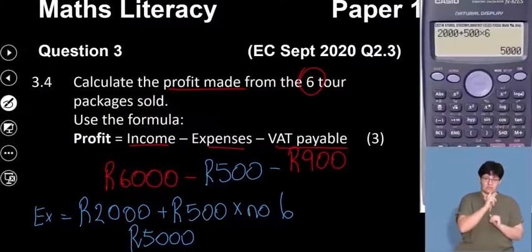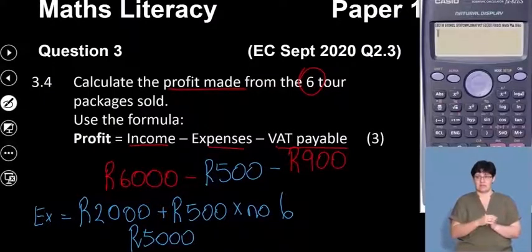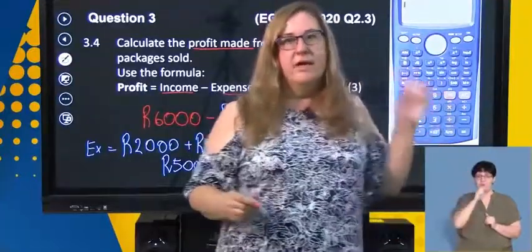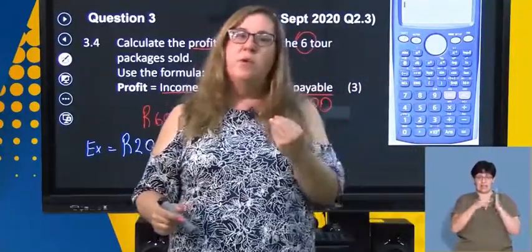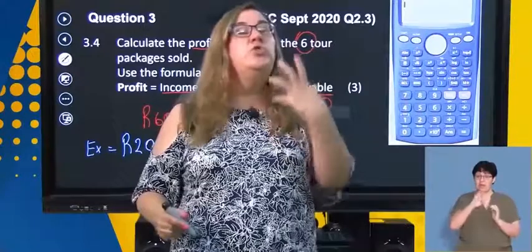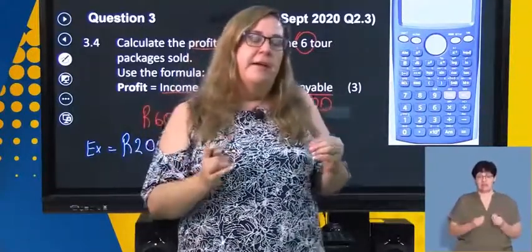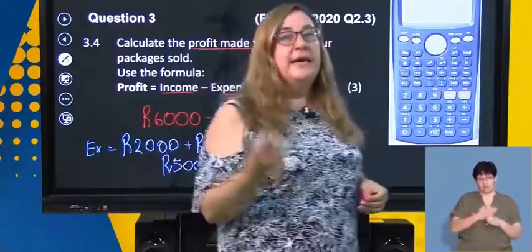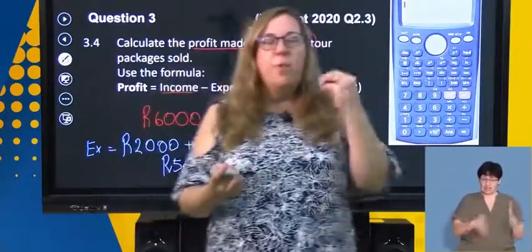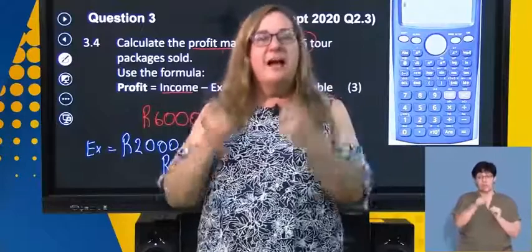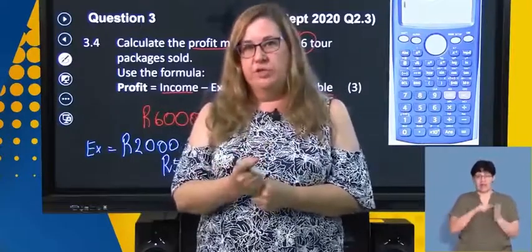What I just want to point out is that I'm using a scientific calculator on the board. But it's important that in Maths Lit you can use any calculator. So your 4-function calculator is fine. But if you are using a different calculator, it's important that you're comfortable with the calculator that you're using.